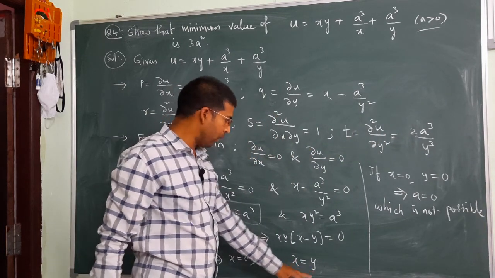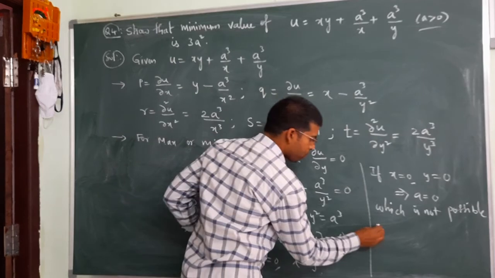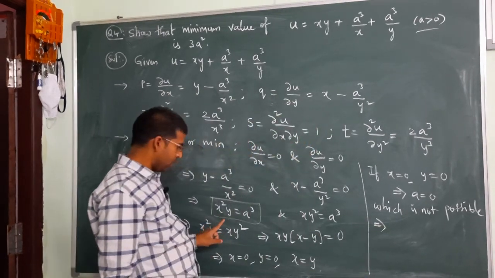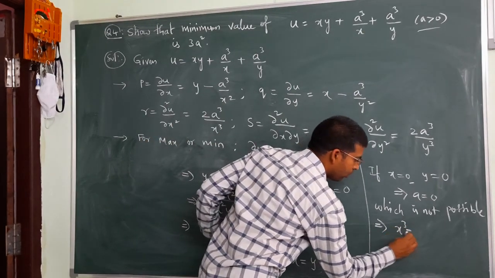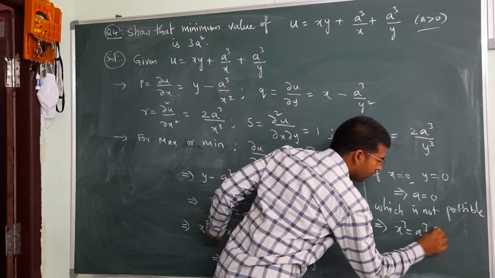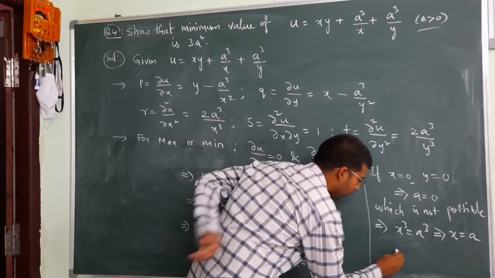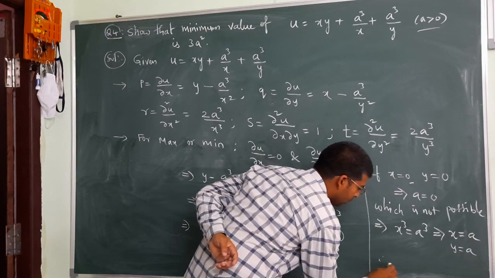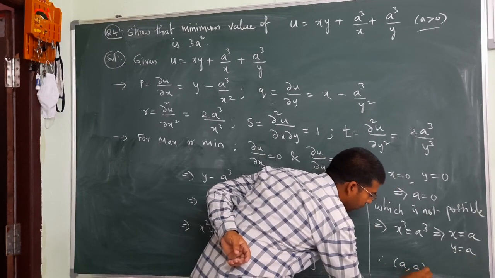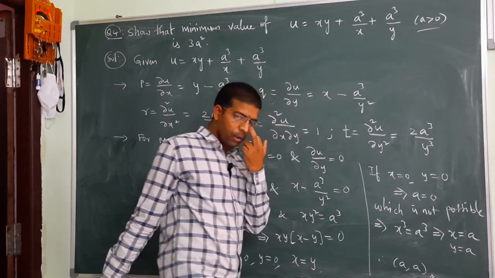If x equal to y. If I substitute x in place of y, what will I get? x cube equal to a cube, which implies x is equal to a, but already x equal to y, therefore y is also a. Therefore I got a stationary point, a comma a. Now I have to verify at this stationary point whether it is maxima or minima.